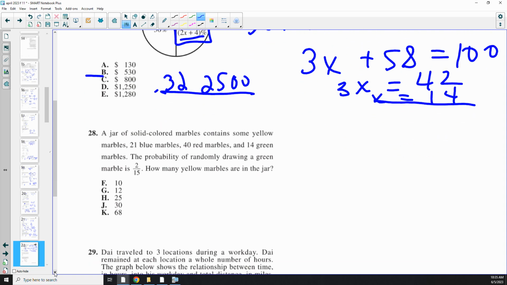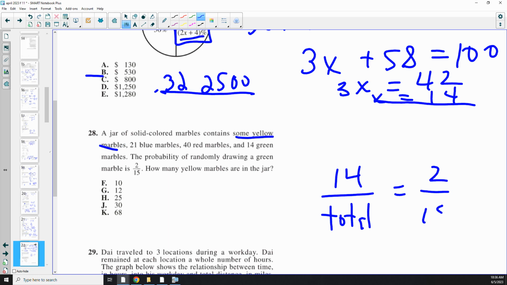Here, they won't tell me how many total there are because there's some yellows, and the chance of drawing a green is 14 out of the total, 2 over 15. So this will get me the total. It will be 15 times 14 divided by 2.